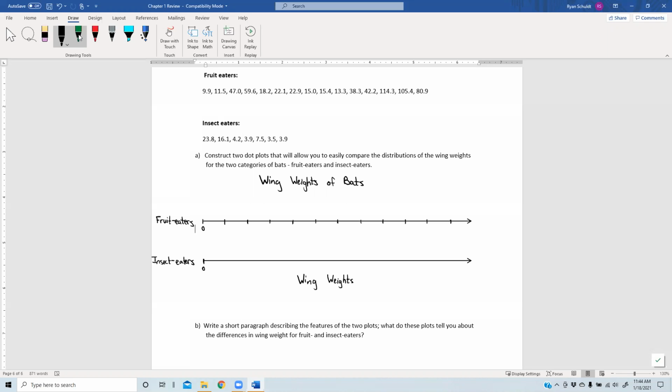So this 110 tells me that I am easily long enough. I'll be able to fit 114 in because 114 would be about right there. That's going to be my biggest bat right there.